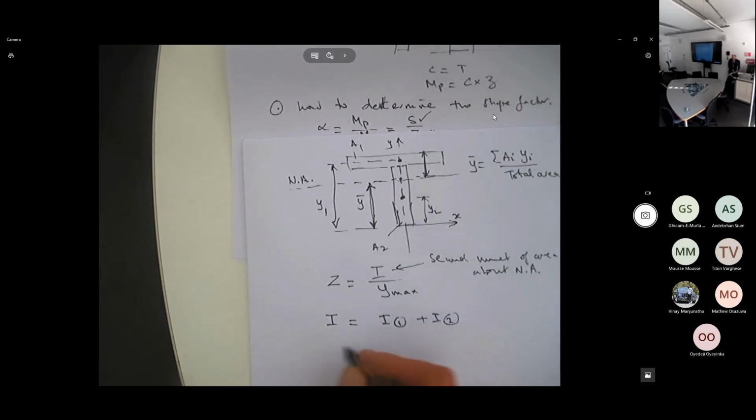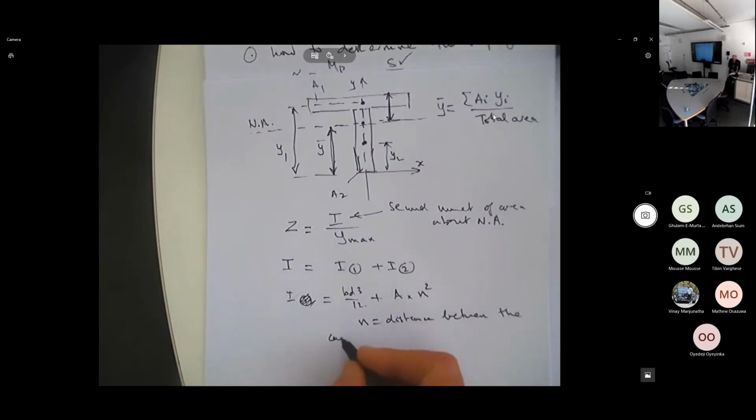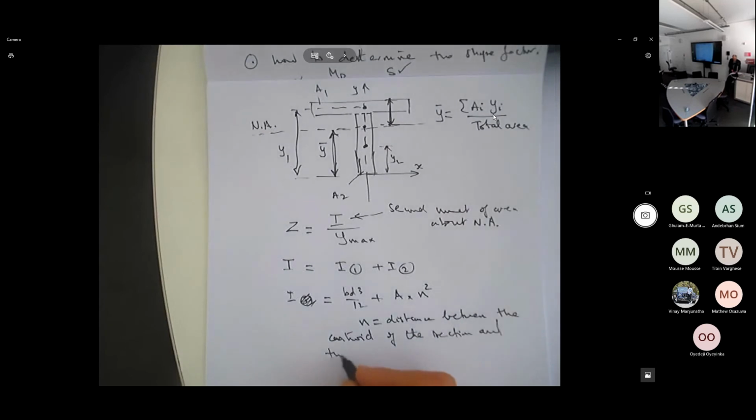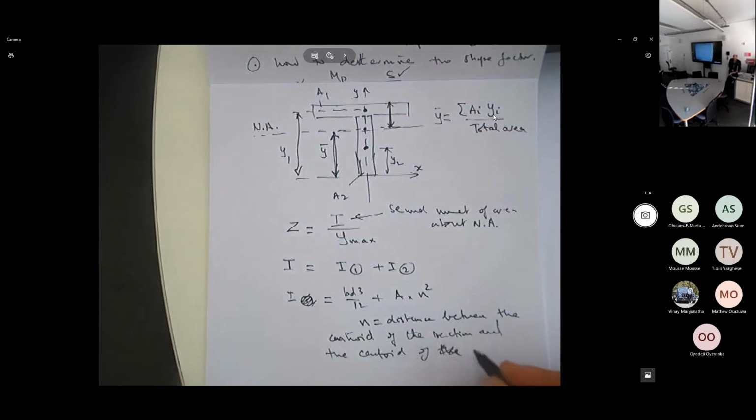Okay, so in this case, I1 will be, in general, BD cubed over 12 plus A times the distance squared, where the distance is between the centroid of the section and the centroid of the whole shape, whether it's A1 or A2.